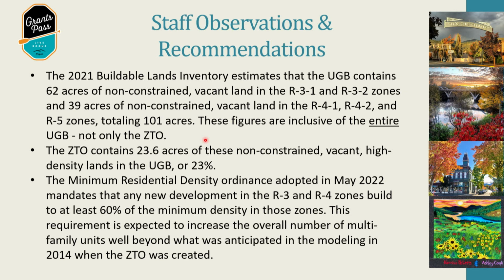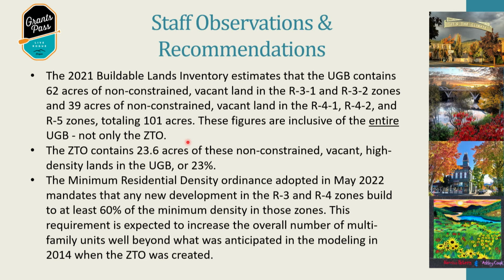The overlay has 23.6 of those non-constrained 101 acres, so about 23% of the available land for the R3, R4, R5, the highest density developments we have, is in the overlay today. If you were to repeal the overlay, there's a chance that some of those 23.6 acres would revert back to single family and would not be available for apartments or something like that.